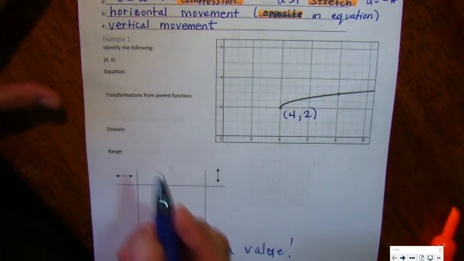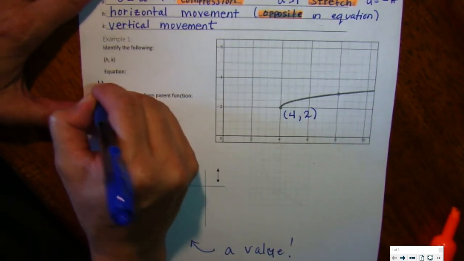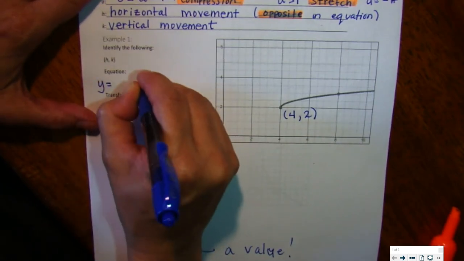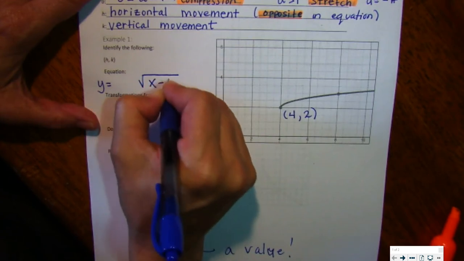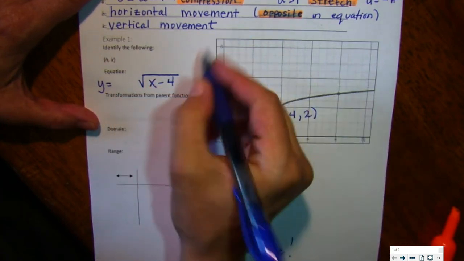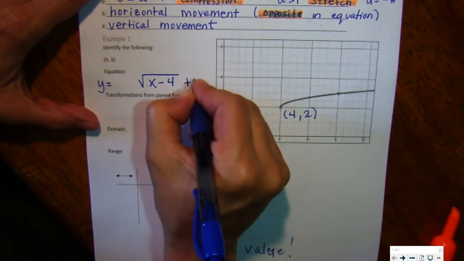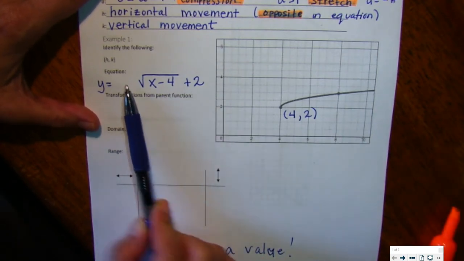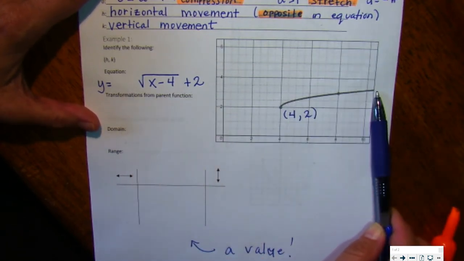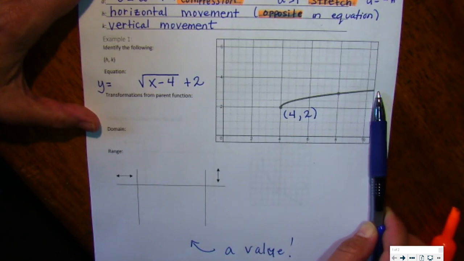So when I go to write the equation, I know it's going to start off by looking like this. Remember the H value is a 4, so I'm going to write the opposite. It's been translated 2 units up, so I know the 2 is going to go on the outside. I also know that the A value is positive because the branch shoots up towards positive infinity.